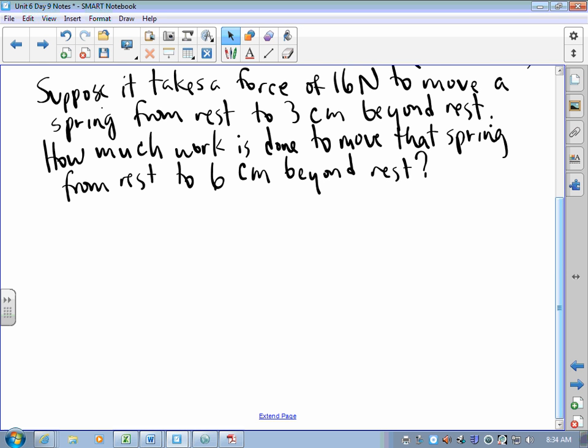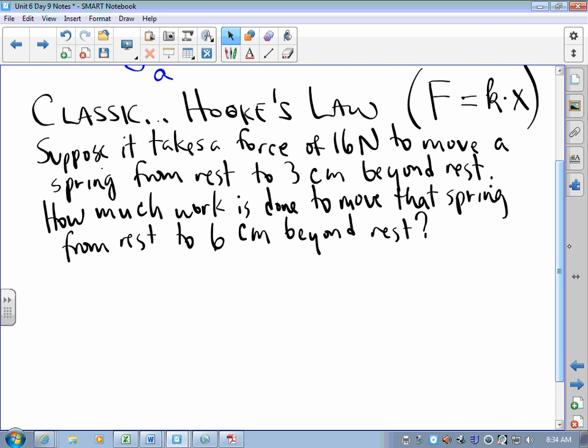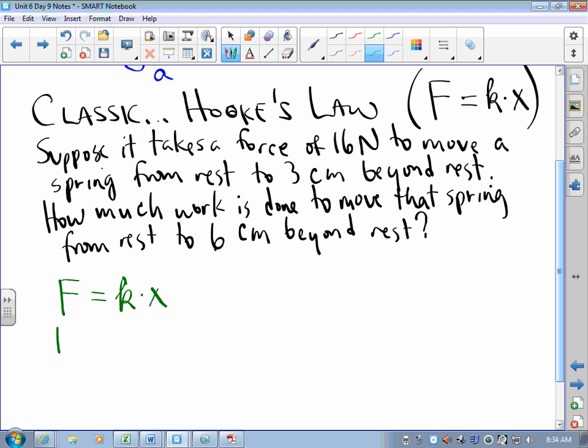Seems like it would be a simple problem, and sure enough, it is. Hooke's law says that the force applied to the spring is proportional to the distance it is stretched. So 16 newtons of force is k times the 3 centimeters we stretch the spring. So k is now 16/3, and we have a force function. I want to find the work done.